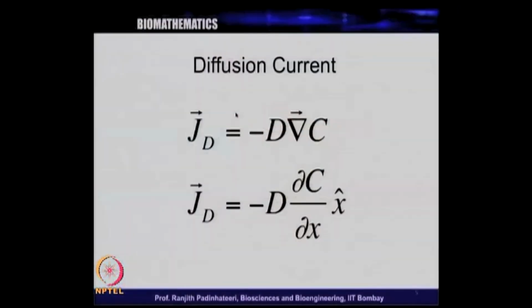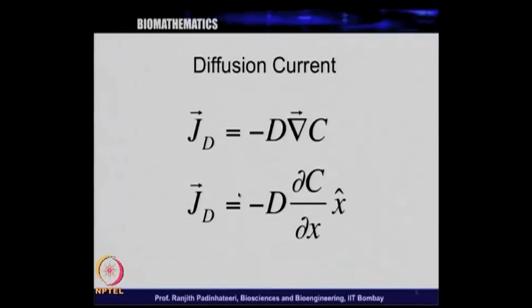So, what we said so far is that the current, the flow due to diffusion or the concentration gradient, is essentially minus D del C by del x x cap. Now, what will this lead to?